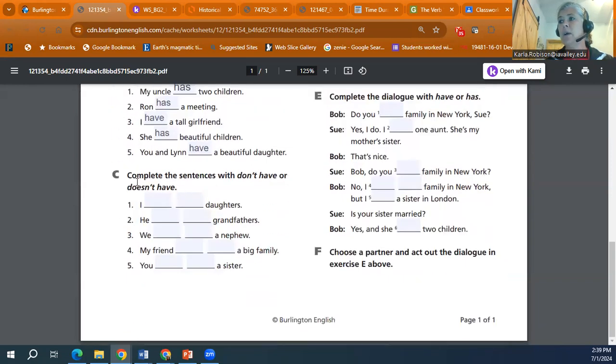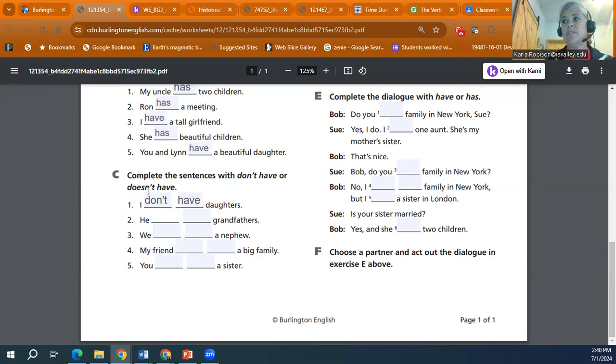Okay, so now we complete the sentences with don't have or doesn't have. Again, it has that negative, so you have to use have. Okay, so I don't have daughters. Since it's I, you're not going to use doesn't. You're going to use don't.